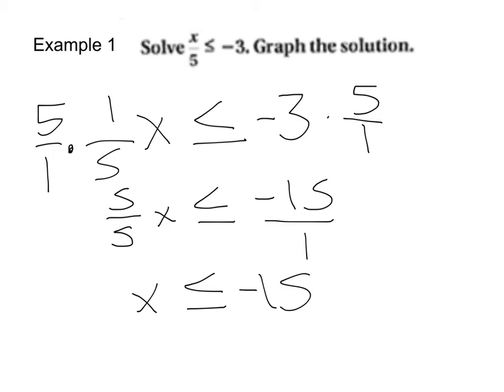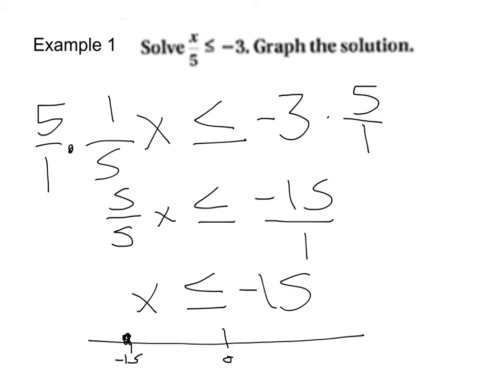When you're graphing this, make sure that you're including the solutions that make the most sense. So for negative 15, I know that x is less than or equal to negative 15.